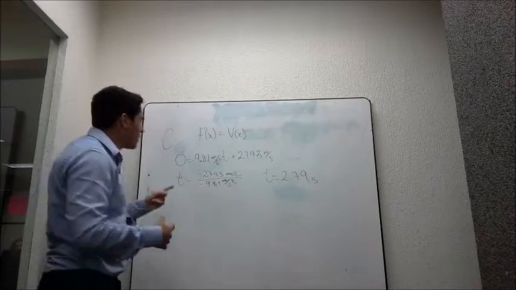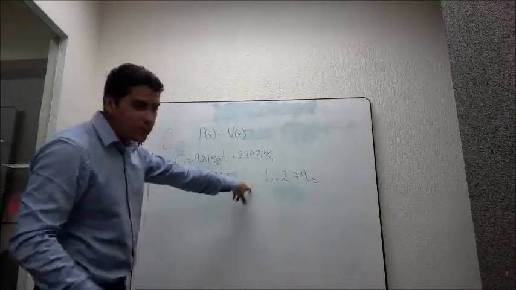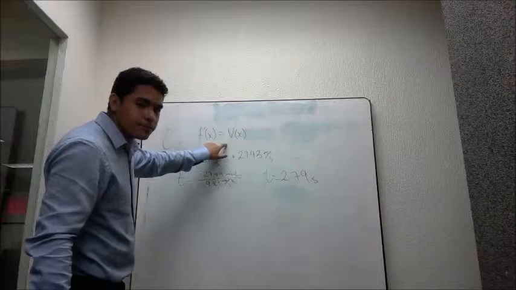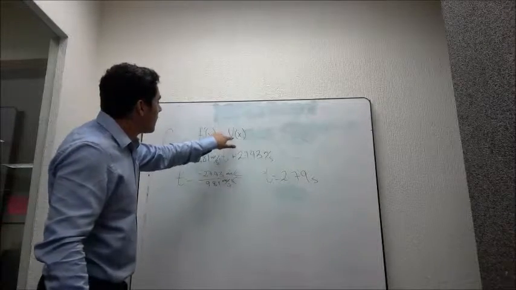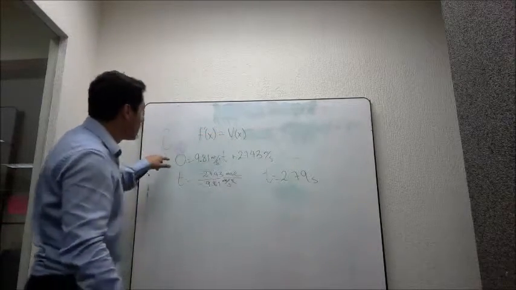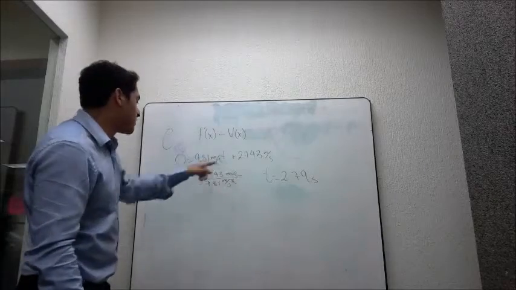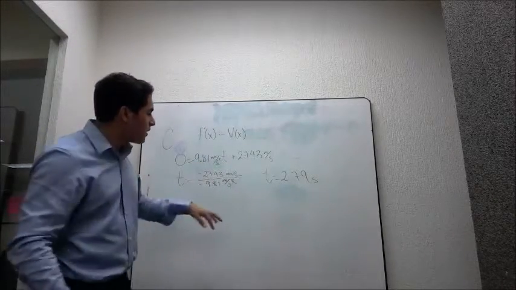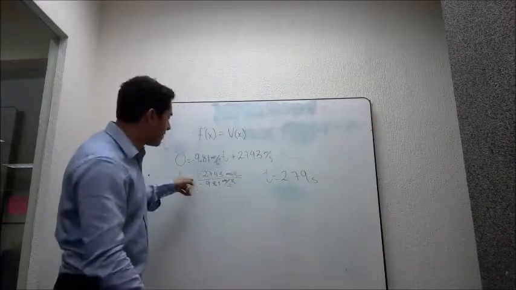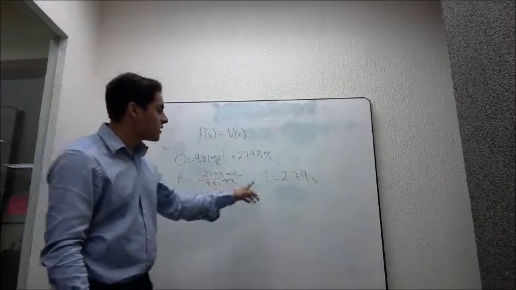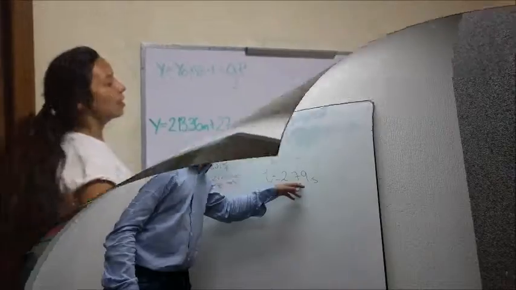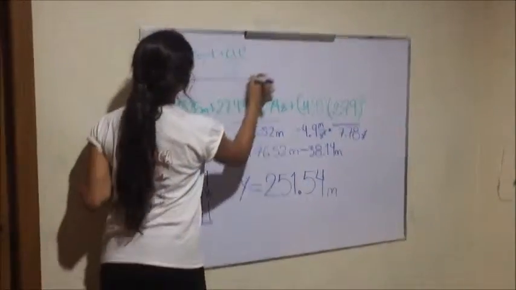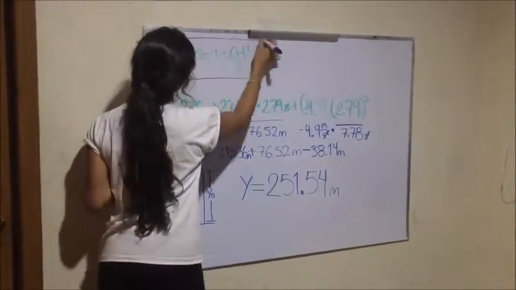So to calculate the time, we can set v equal to 0 and isolate time. So we did it, and after the division, the time is 2. So now we have all the values to use this formula.